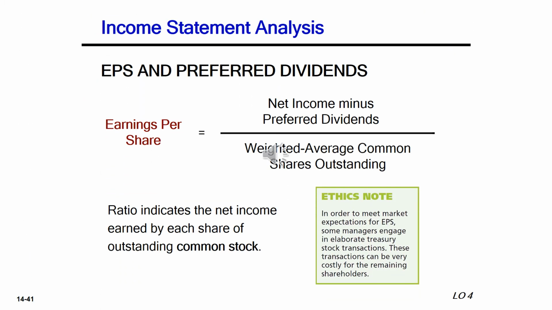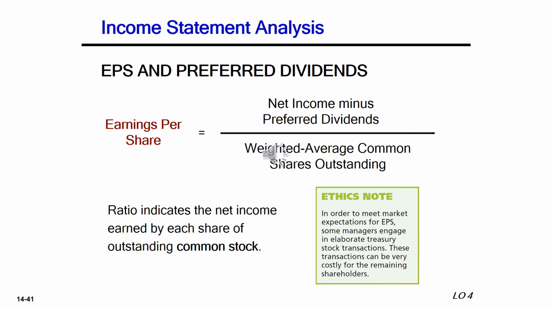Moving on to the income statement analysis. Now, income statements are one of the main reports that are thoroughly analyzed by financial analysts. One of the key metrics that these analysts use to analyze income statements is EPS. EPS is basically earnings per share, and this ratio is calculated as follows.